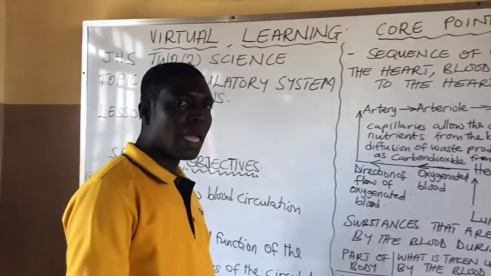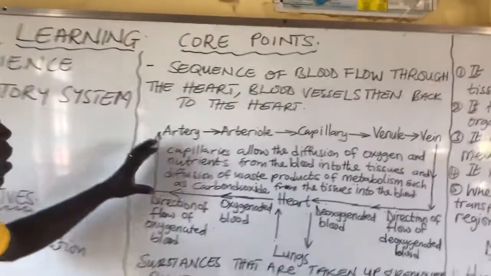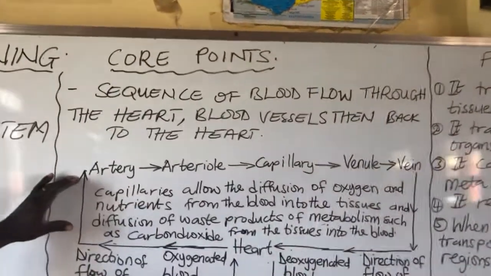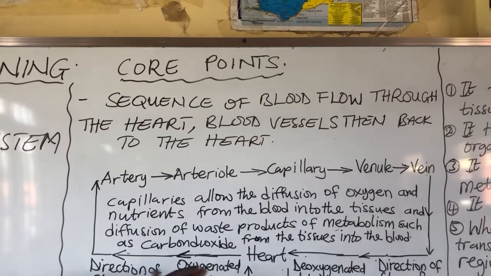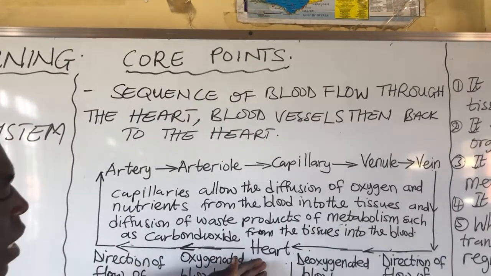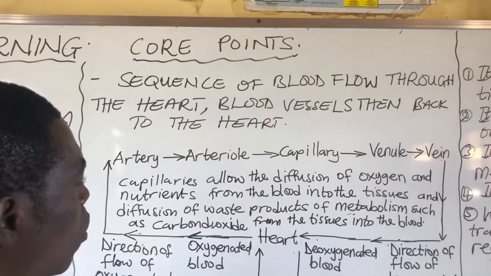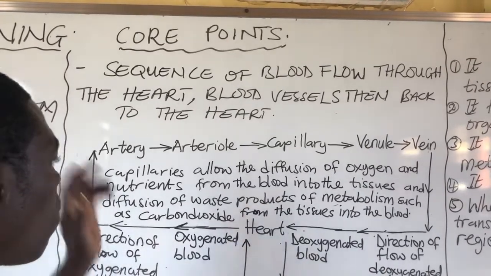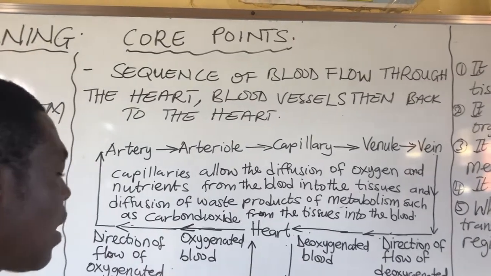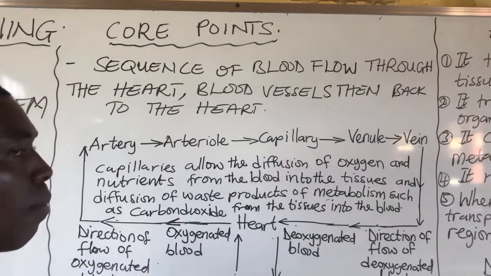So back to the demonstration, or the diagram here. You can see that we have the heart here and the lungs. So oxygenated blood flows from the heart. It means that the heart pumps blood.